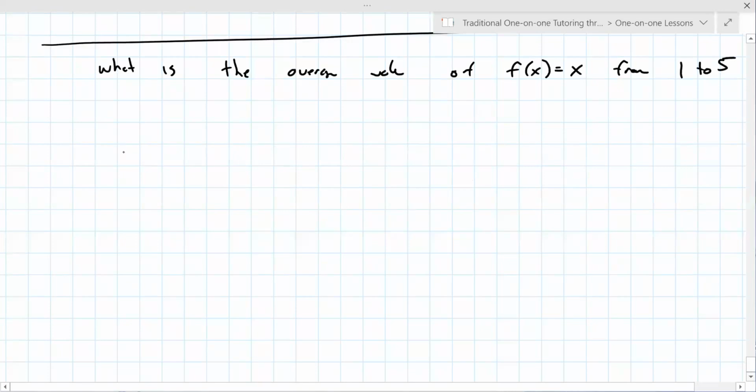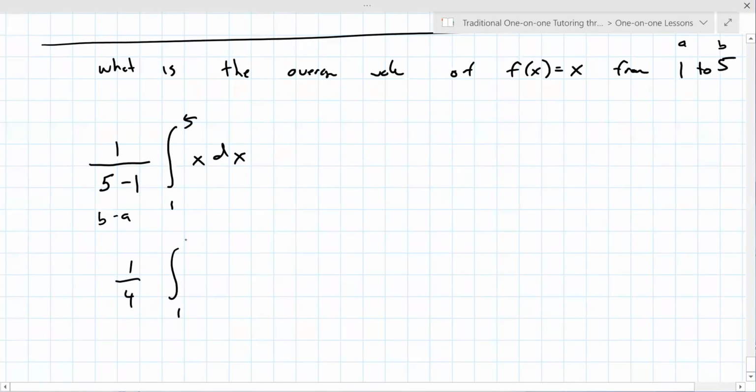The average value is 1 over 5 minus 1 times the integral from 1 to 5 of x dx. You can see how the numbers map, right? That's a, that's b, b minus a. Okay, so that gives us 1/4 times the integral from 1 to 5 of x dx.